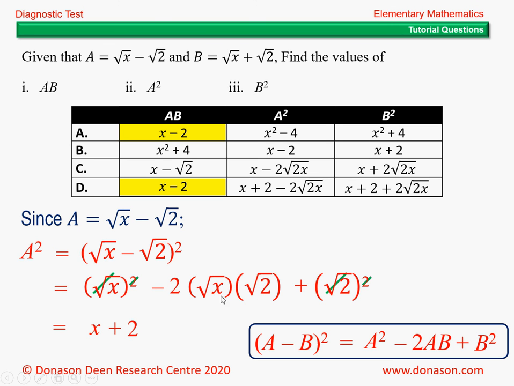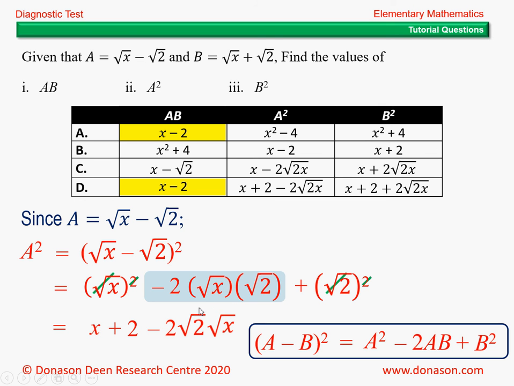And then we're going to merge these two square root signs together. So the minus 2, I'm just going to copy down. So that's a minus 2. And then, of course, we will rearrange it such that the number comes to the front and the root x goes to the back. So it's going to be root 2 times the root x.